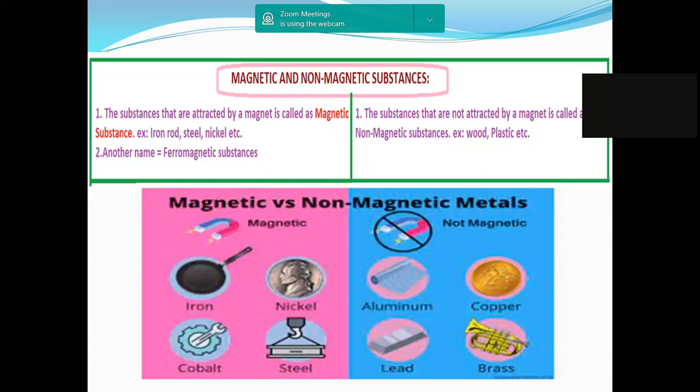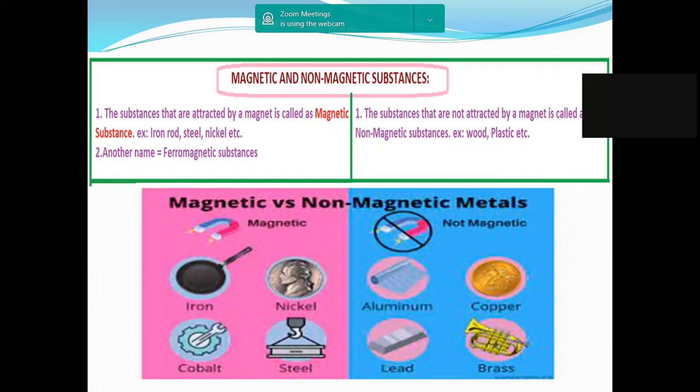Then comes up the second sort of substance, which are called non-magnetic. Your wooden chair, plastics, a plastic bottle if I'm talking about. So these are different sorts of substances that are not at all attracted by magnets and they are thus called non-magnetic substances. The picture is already provided in this slide.